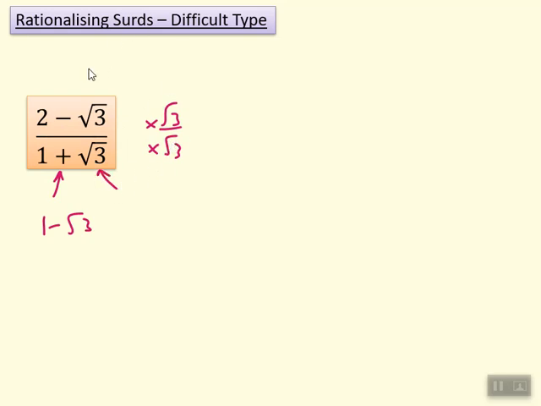Okay, we have to use another trick, and it's to do with expanding regular algebraic double brackets, and something to do with the difference of two squares, and you'll see why in a moment. So what you have to do is, first of all, let's put brackets around these numerators and denominators.